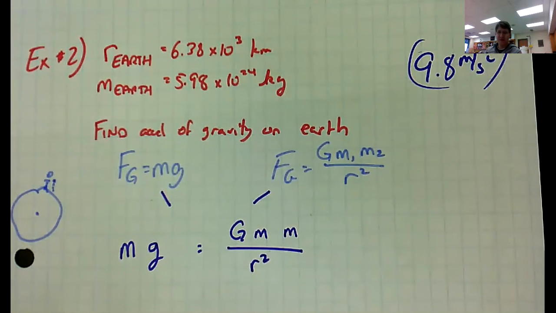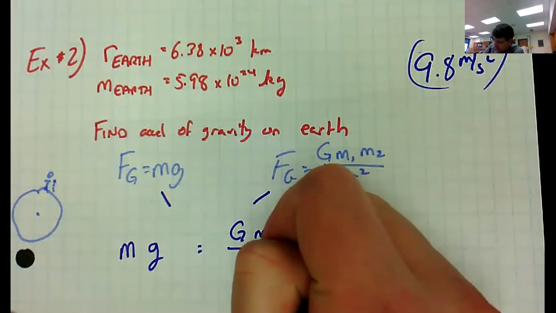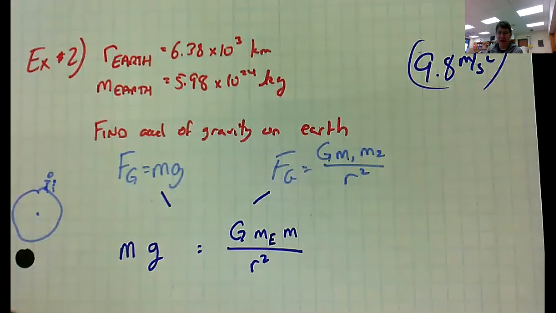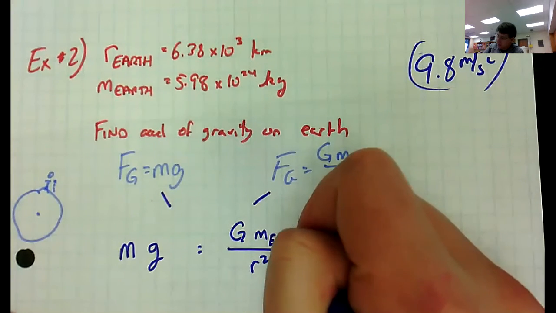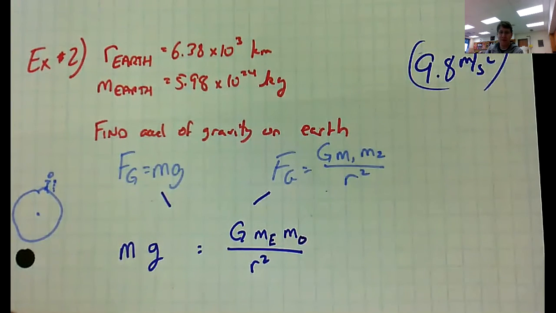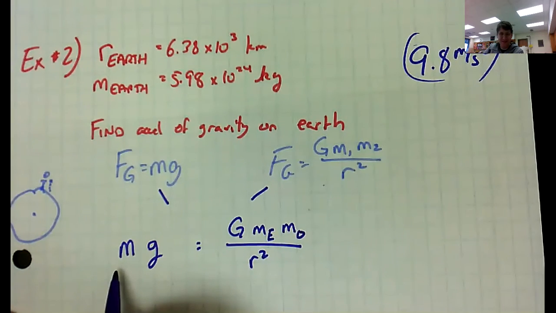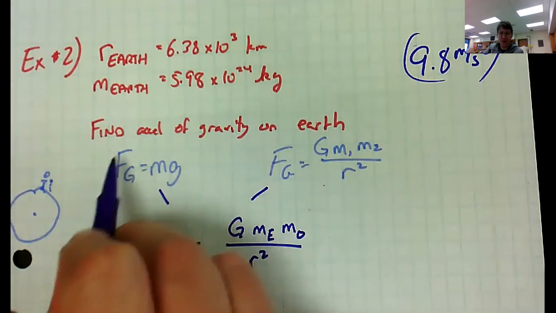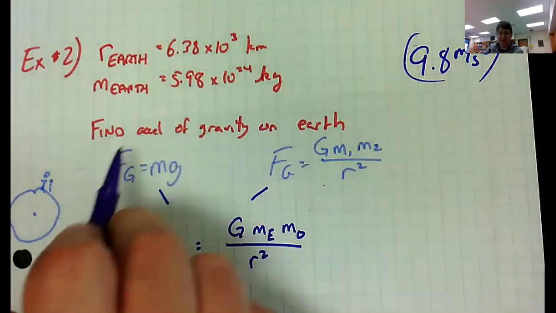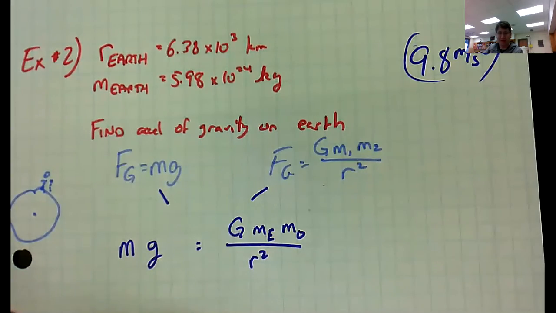The reason I didn't include the subscripts is I want to think about what the two objects attracting each other are in this case. One of them is the Earth, so I'm going to call that ME. The other mass is whatever object I'm dropping, so I'm going to call that MO. Which mass do we usually plug in when we're using this equation, the mass of an object or the mass of the planet?